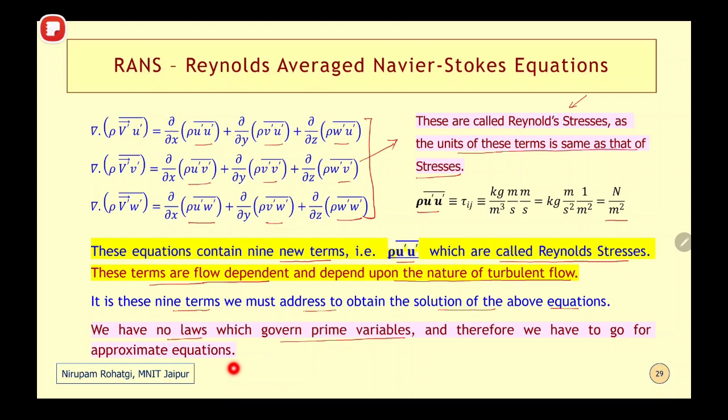Is there any law by which we can say the fluctuation will be like this? It's a random fluctuation. Even when the fluctuation has started from a deterministic structure, that means from a point which is known to us, the first disturbance may be known.